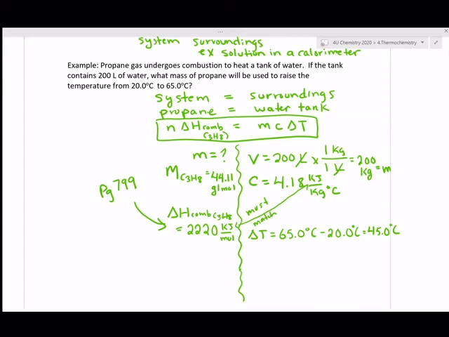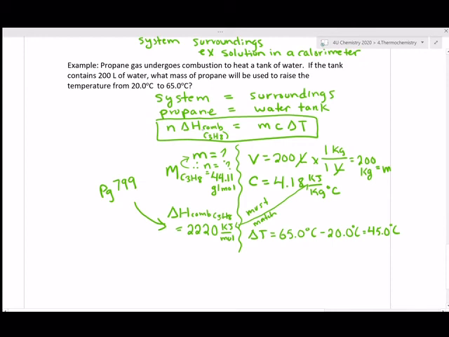So at this point, we're going to do a little bit of formula rearranging, because this question is asking for mass. I'm just going to squeeze in here that we're going to need moles. And then once we know moles, we can always get to mass. So we have everything that we need here.